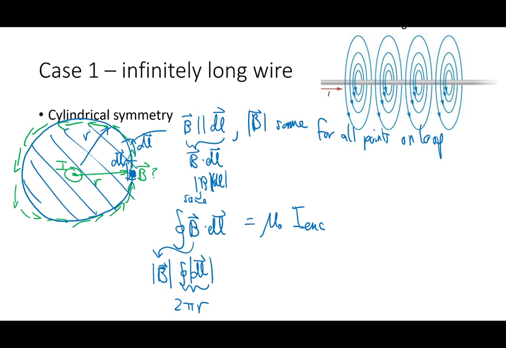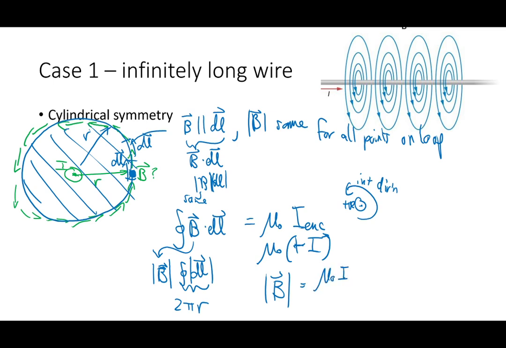In this case, there's only the one wire coming straight out the middle. By the right-hand rule, if this is the integration direction, outgoing would be positive. So the current here counts as positive I and not negative I. Putting this over, we get the same result as we got yesterday, or sorry, last week.